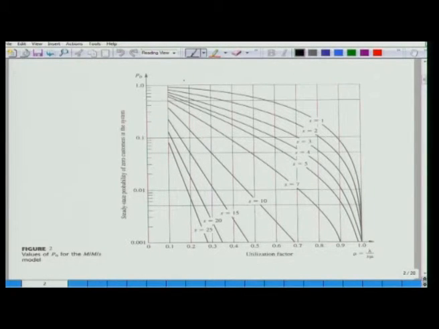For example, for 0.8 with S equal to 1, the top line shows you the utilization factor versus the steady state probability of no customer in the system. These are the different lines, and you see that when S is 25, it is even less than 0.3.